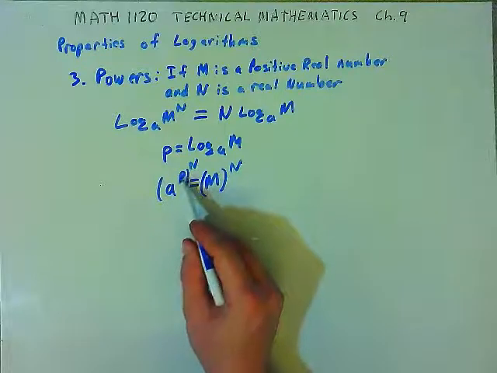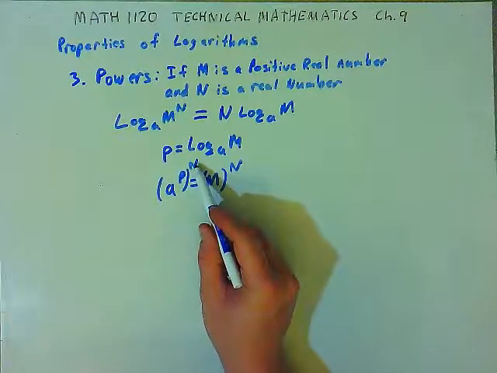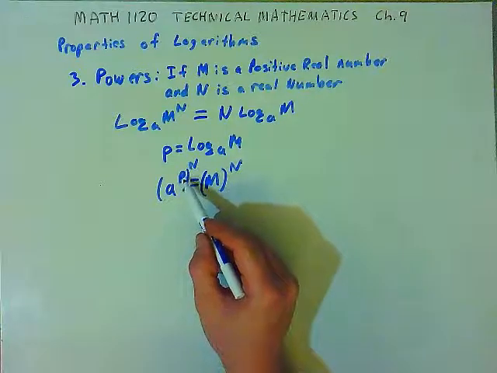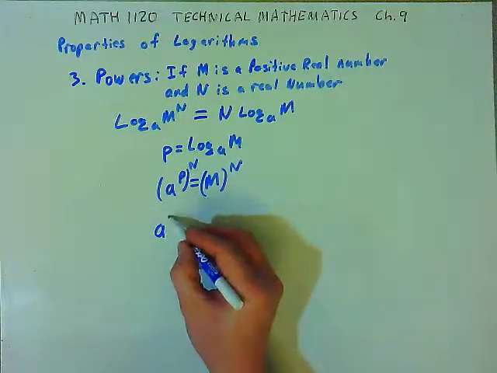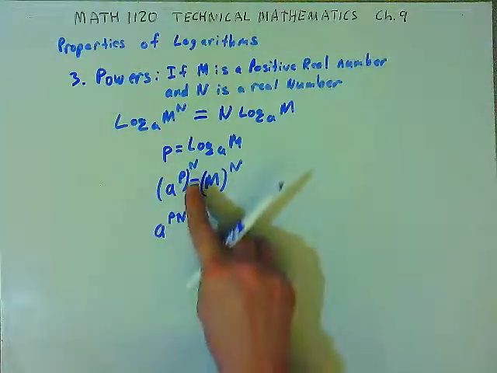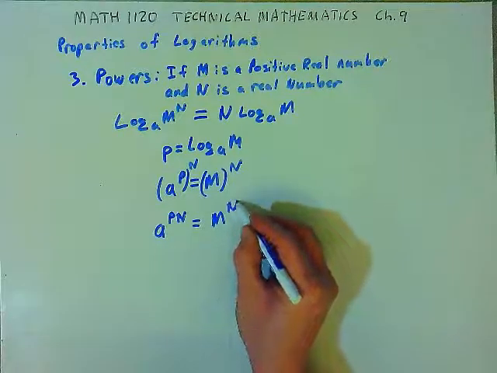Now, when you have an exponential raised to another power, you multiply this outer exponent times the inner exponent. Again, that's a rule that you should already know. And so this reduces to a to the pn power, right? So we just multiply these together, is equal to m to the n power.